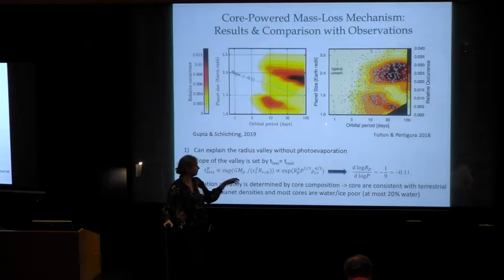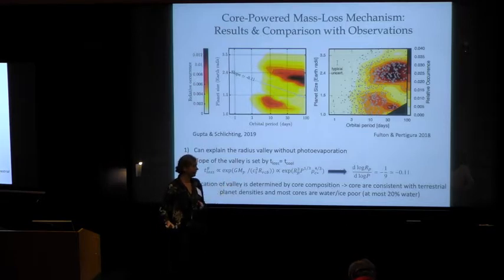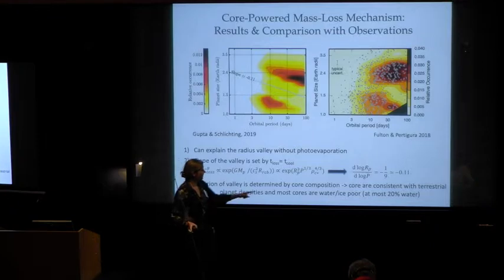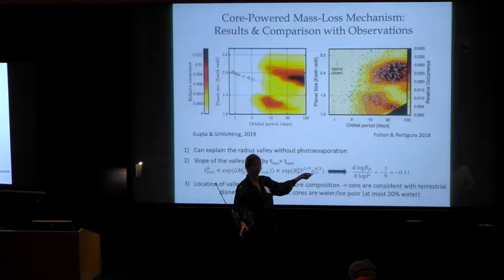You know what the speed of sound is from your star. You know how that goes with period. The only thing you need to assume is a mass-radius relationship for the core of your planet, but we know that fairly well. And then you can derive how the radius of your planet will scale with period and the density you assume for the bulk of your planet.